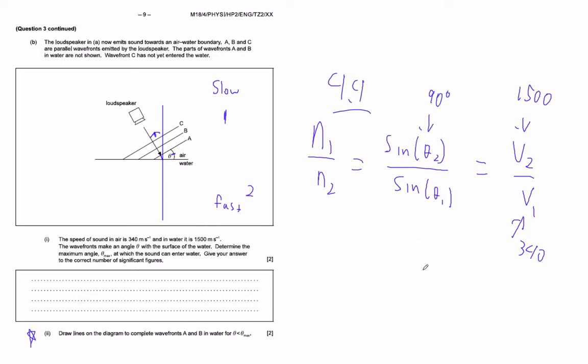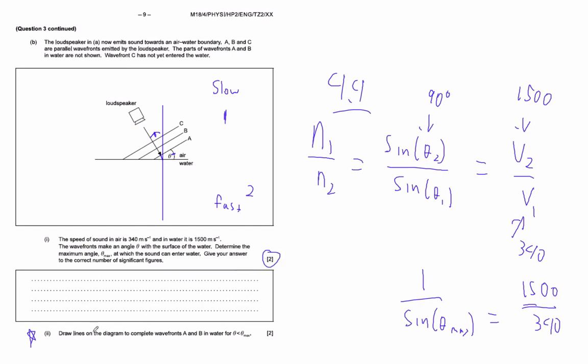So ultimately this becomes 1 over sine theta max is equal to 1500 over 340, or isn't it just going to be the inverse sine of 340 over 1500, because you can't take an inverse sine if it's bigger than 1, right? Anyway, you'll get an angle between 10 and 20 degrees, and it's much closer to 10.